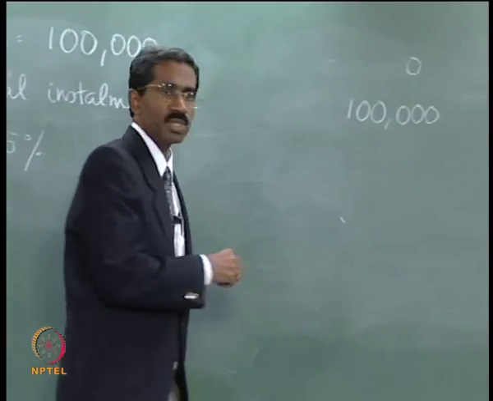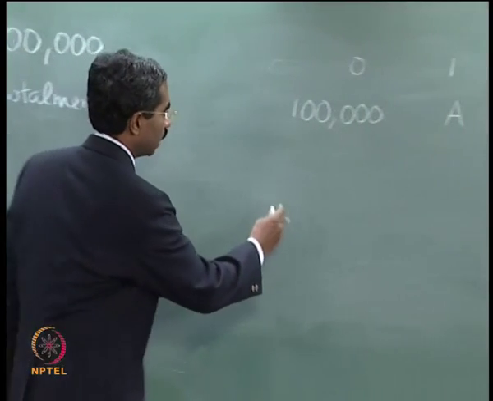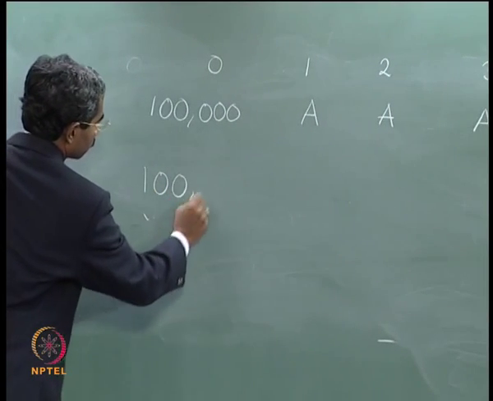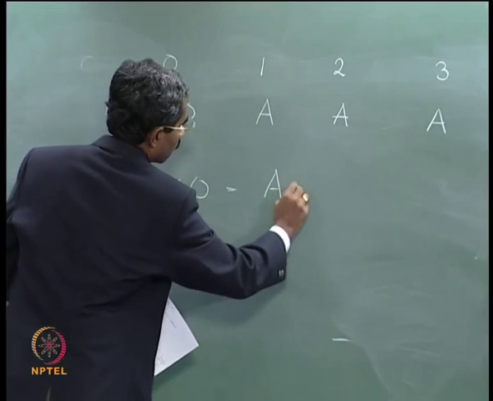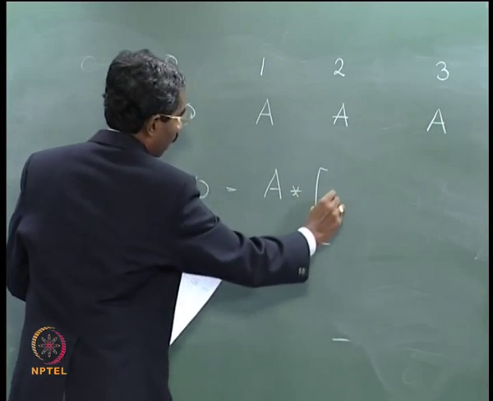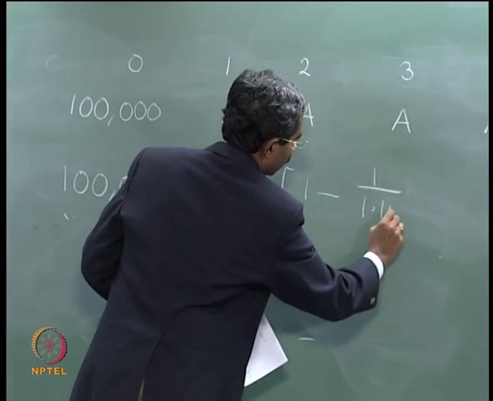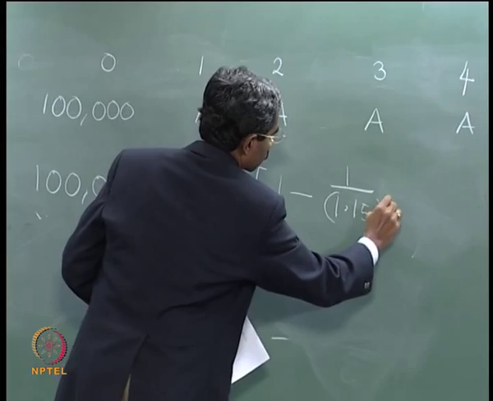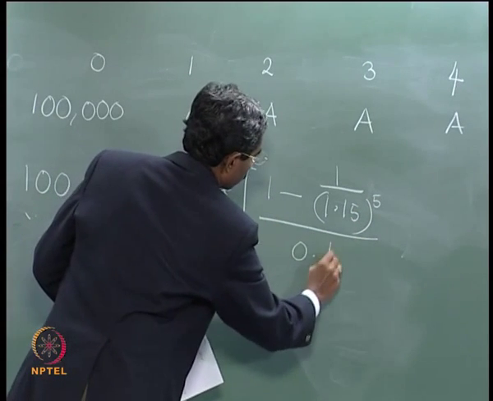So if we use the expression that we derived previously to calculate the value of A, that means 100,000 is equal to A multiplied by (1 minus 1.15 raised to the power of minus 5) divided by 0.15.